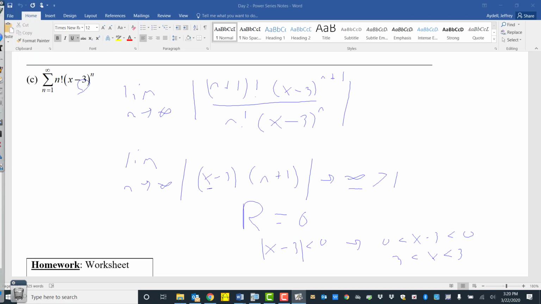Well, this just means x has to be 3. That's the only thing that could happen here. And so we wouldn't have an interval of convergence. We'd only have a radius of convergence.